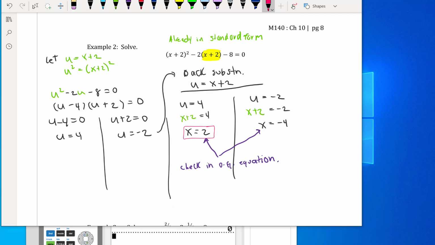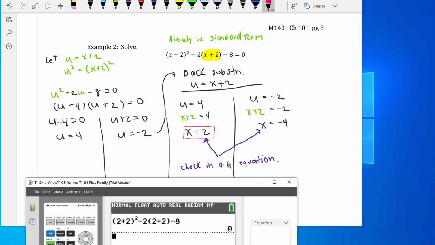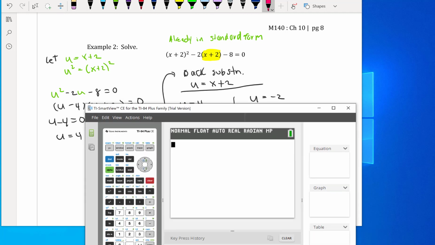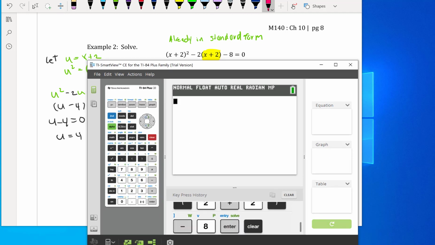So now I'm going to try it again for x is equal to -4. Let's see if that works for x is equal to -4. So here I go. I have my parentheses, -4 plus 2 squared minus 2 parentheses, -4 plus 2 minus 8.